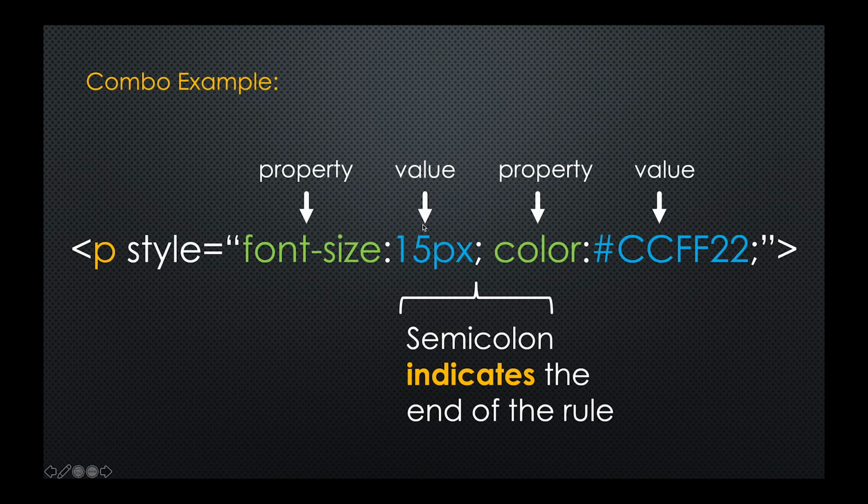Then I follow that with a colon, I specify the value, and I close the whole rule with a semicolon. This indicates the end of the rule. Then I start the next rule by establishing the property, followed by a colon, then the value. I close the rule with a semicolon, close the double quotes, and close the tag.